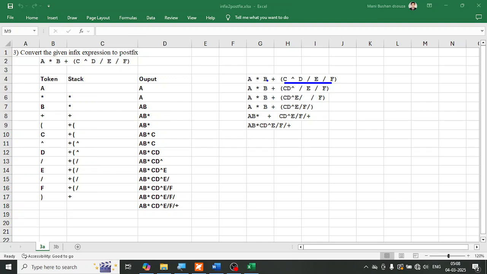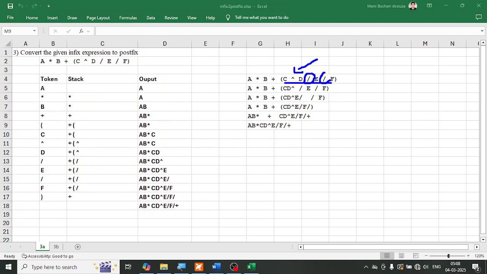Now let's start with the expression inside the parenthesis, that is, inside the bracket. Here you notice that the exponential has the highest precedence as compared to the division sign.